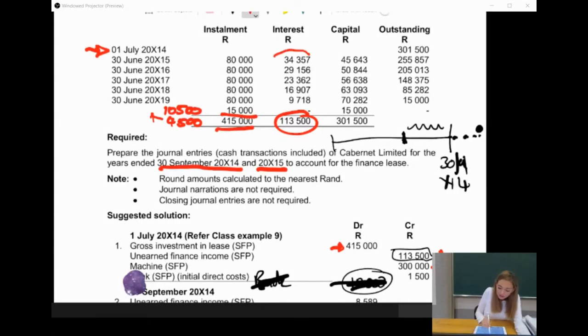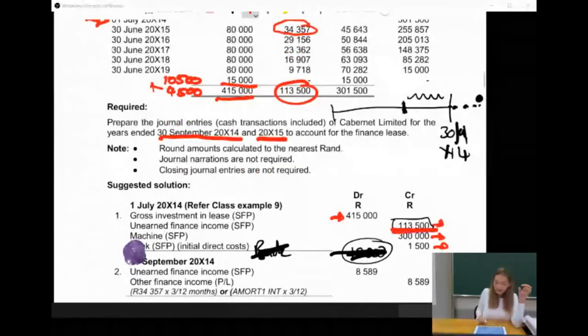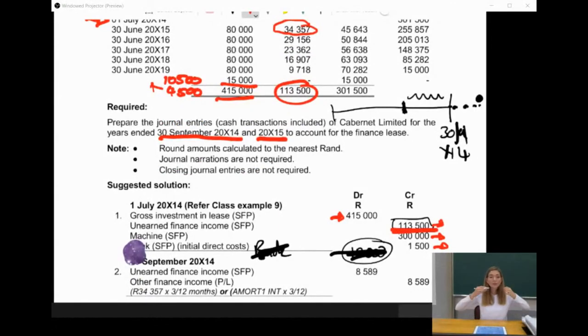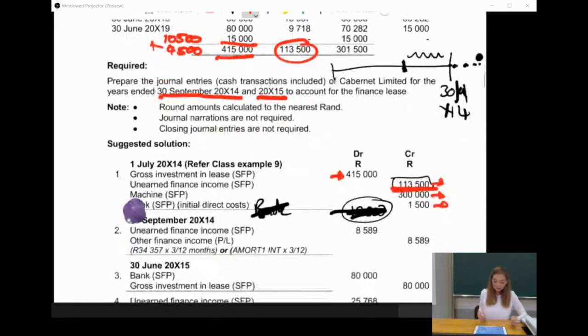So some of this interest that will be included in my first lease payment to be received, I've earned some of that already. So therefore, we have to accrue for that interest. We have to release some of this unearned finance income we have now earned. So we have to calculate what it is and release it so that it can go and play with its friends in the splokkie in finance income.